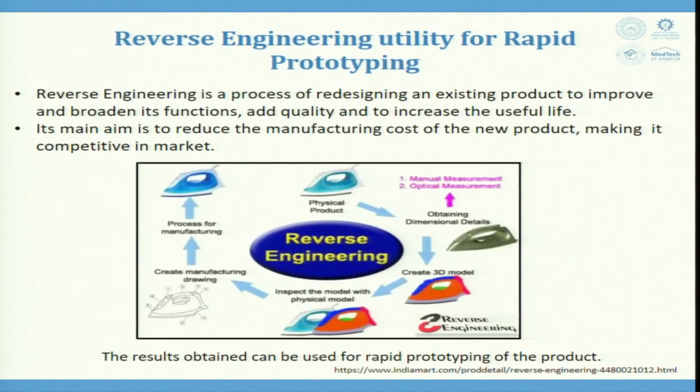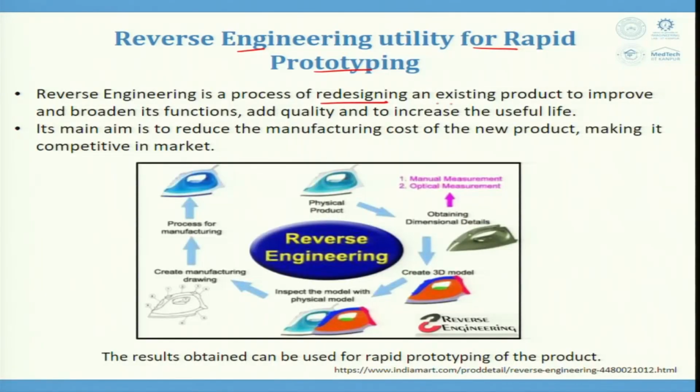Reverse engineering. Reverse engineering as a utility for rapid prototyping means that even if you do not have a CAD model, and you have something in hand, you can scan it using 3D scanners. The 3D scanner will build up a CAD model for you, and you can have a rapid prototype model, that is a 3D printed model, out of that. So, reverse engineering is the process of redesigning an existing product to improve and broaden its functions, add quality and increase the useful life.